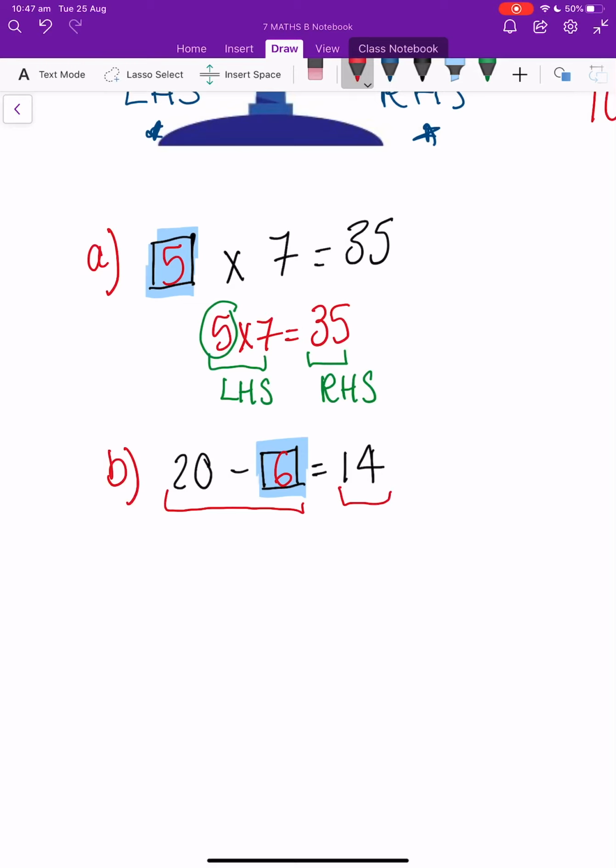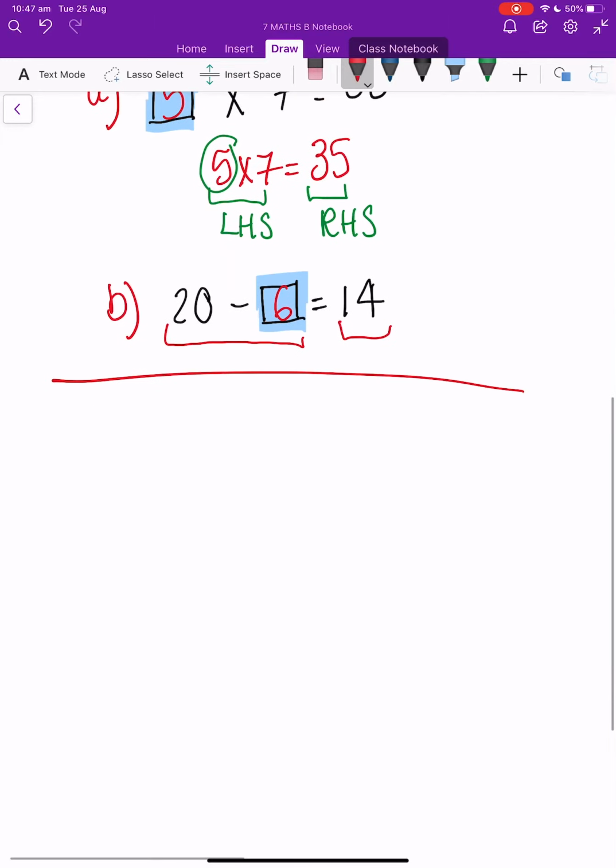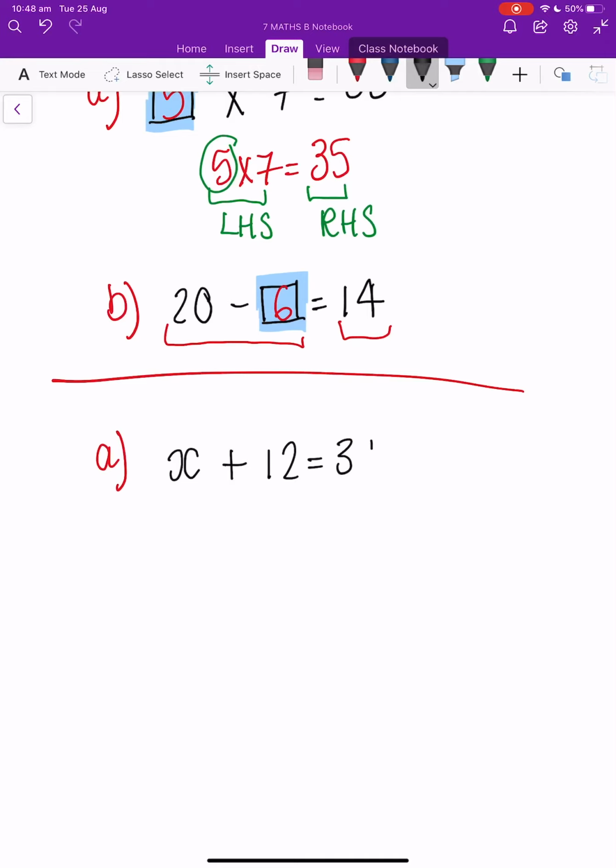Now what I'm going to do is, instead of giving you a blank box, I'm going to give you a pronumeral. And it's not harder, so I don't want you to get stressed out about it. It's just that instead we're going to work with a pronumeral. So in this first example, I've got, let's say, x plus 12 equals 30. x is my pronumeral.